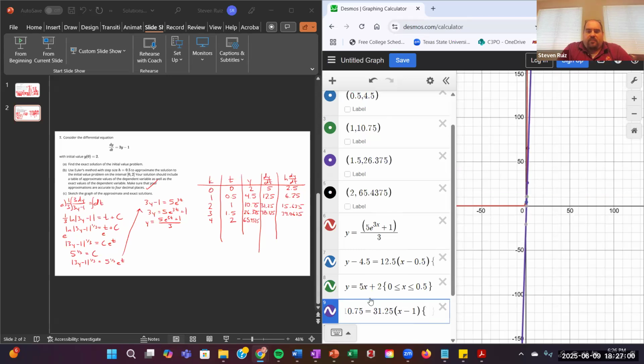And that goes from 0.5 less than or equal to x less than or equal to 1.